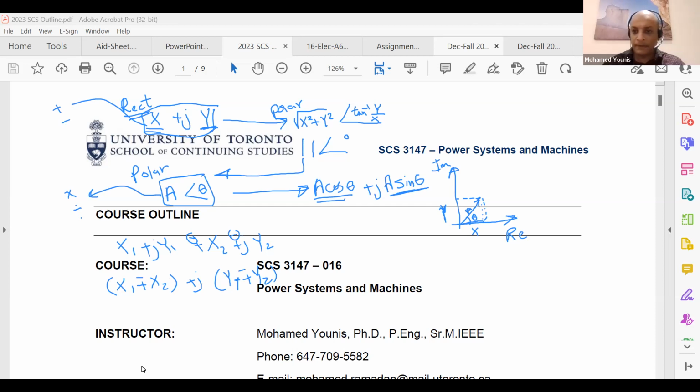Okay, there is a question. Yes, please. The first term is the real part, and the second one is the imaginary part. But isn't y the admittance, and the second one the reactance? It should be changed, isn't it?